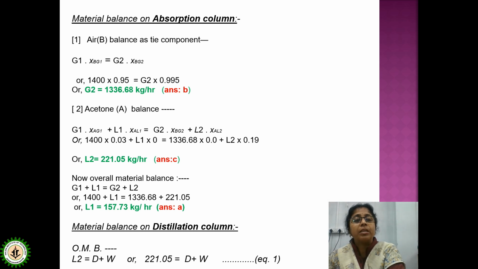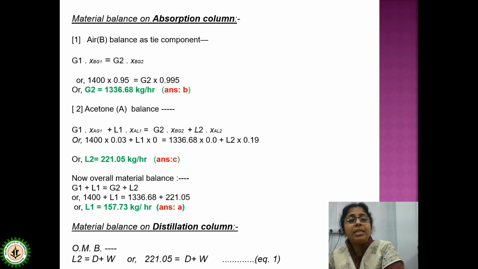After putting the values of G1, XbG1 and XbG2, all three known, only G2 is unknown. So G2 can be calculated, and the value is coming 1336.68 kg per hour, which is the answer to question B.